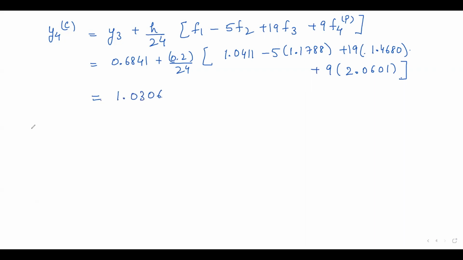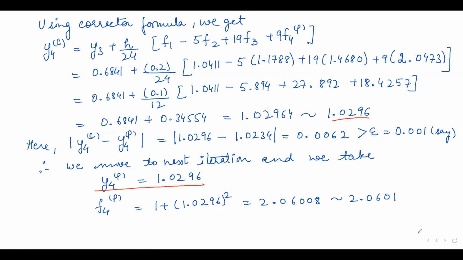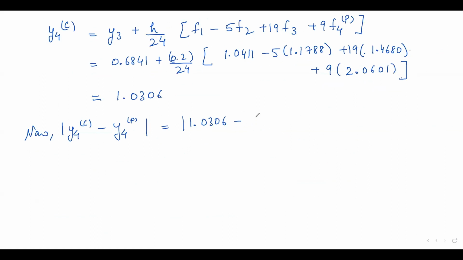So again, now y4 corrected is coming out to be, now my predicted value is this 1.0296. So as you could see here, the value that I am getting here is 0.001.